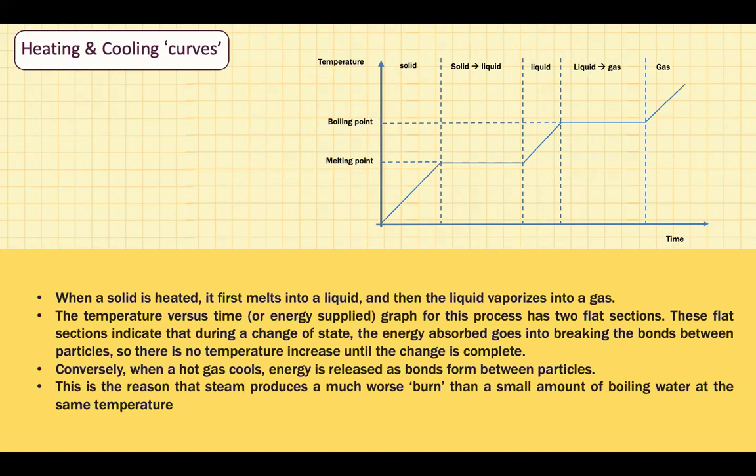These flat sections indicate that during a change of state, the energy absorbed goes into breaking the bonds between particles, so there is no temperature increase until the change is complete. Conversely, when a hot gas cools, energy is released as bonds form between particles. This is the reason that steam produces a much worse burn than a small amount of boiling water at the same temperature.